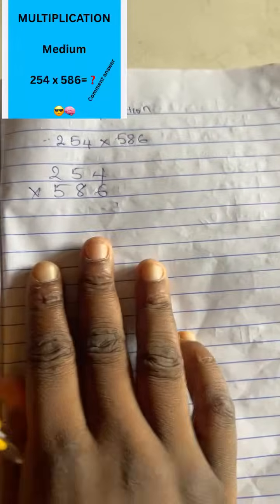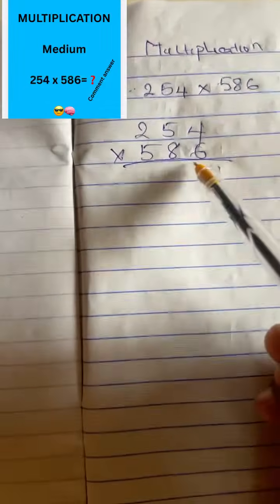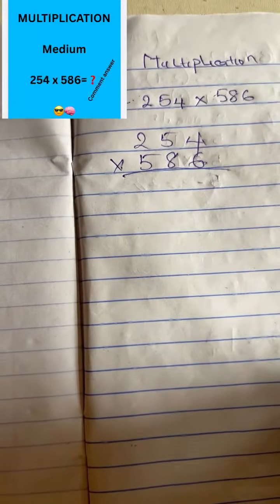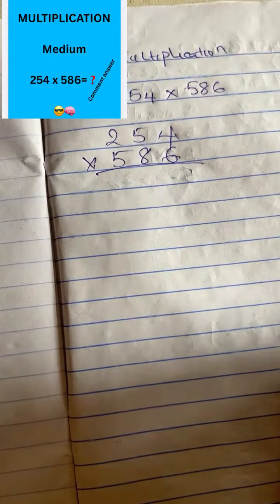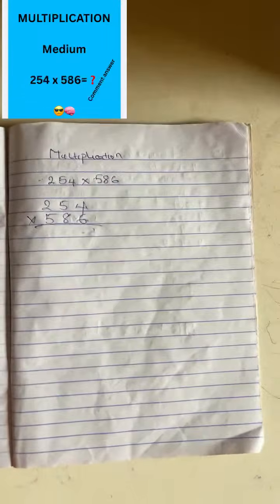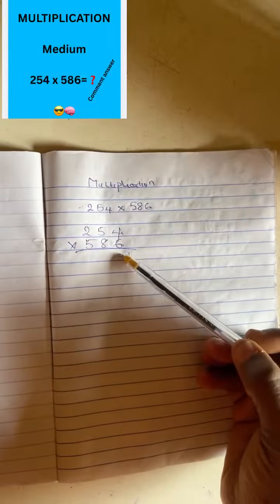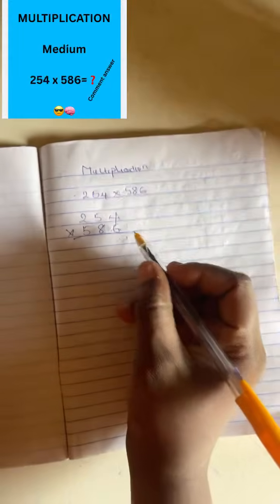This is it. So see how we're going to solve it. 4 times 6 is what? 6 times 4 is 24, right?